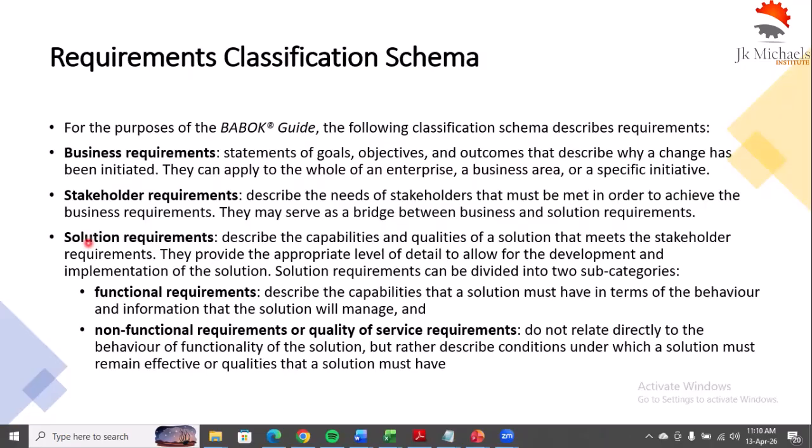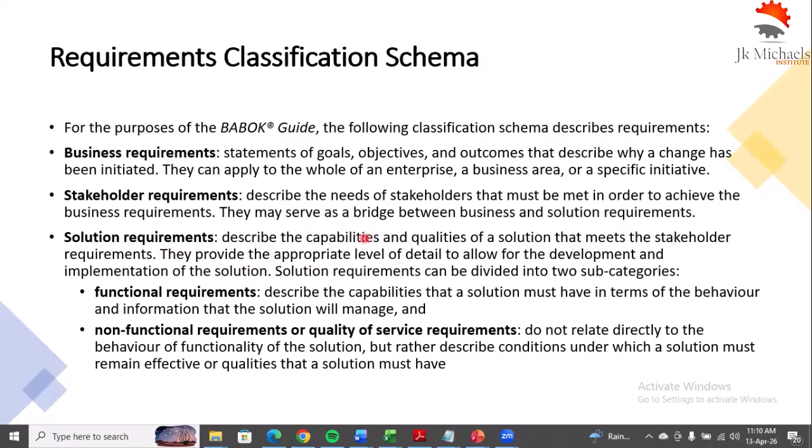Now, as we interact and listen to the stakeholders, we come to an understanding of the kind of solution that is needed, right? We'll be able to understand the capabilities, the functionalities, the qualities, the behavior of the solution, right?